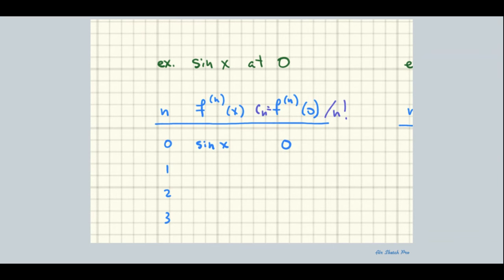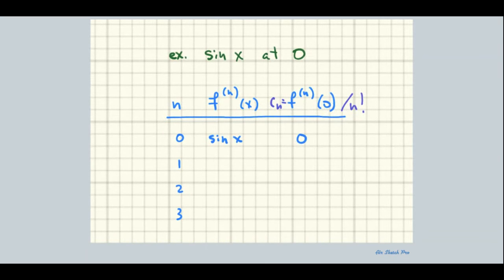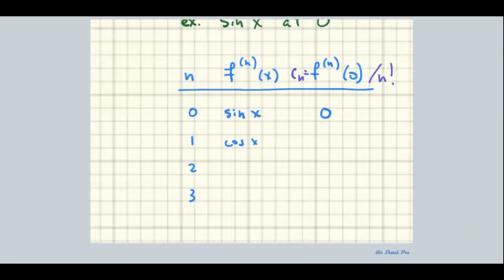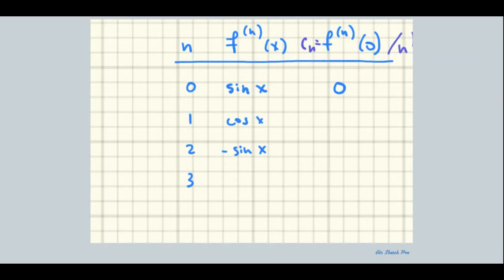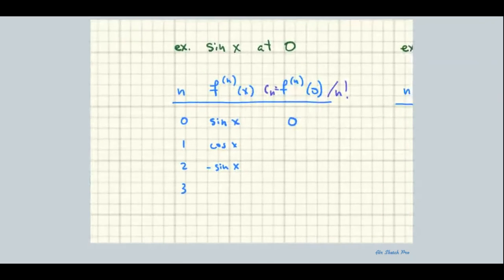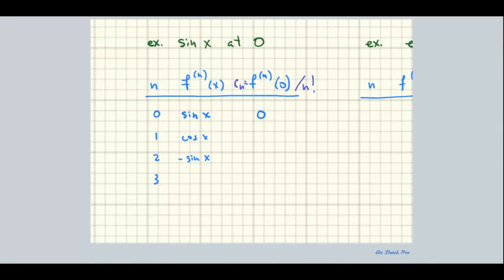Right? And so, the derivative of sine is cosine. Derivative of cosine is negative sine. Derivative of negative sine is negative cosine. And then the next derivative is just back to sine again.